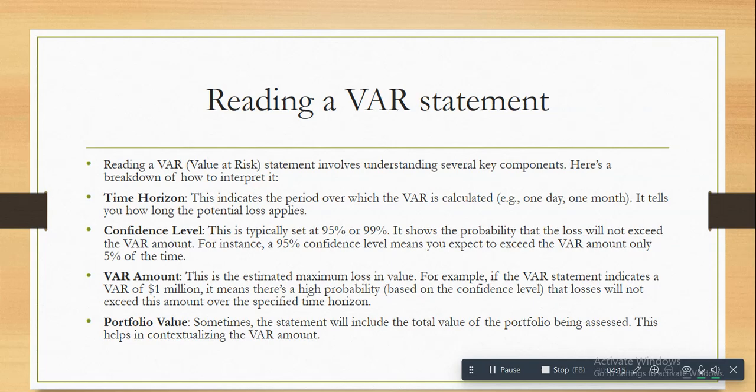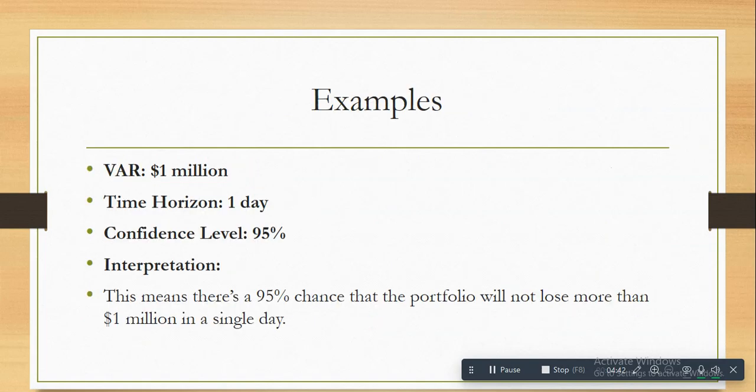But 1% of that portfolio would have some certain value, right? So that value is also included there. It will not be like, say, calculate 90% VAR. Of what, right? So there will be a value of a portfolio. So in short, these are the components that are present in a VAR statement.